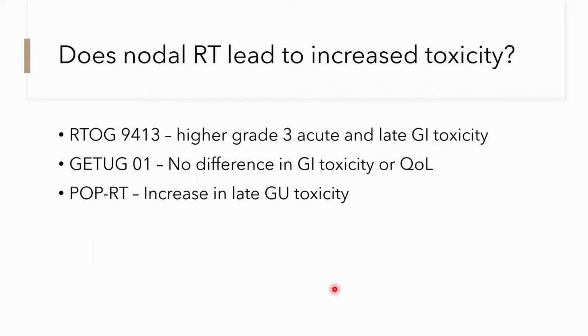Now, if you're asking about the benefits of nodal radiotherapy, you also have to ask about the toxicity of nodal radiotherapy. Now, the RTOG 9413 showed that when we treat the nodes, we generally go up alongside the rectum for a longer distance. And therefore, it is expected that the GI side effects of nodal radiotherapy are theoretically supposed to be high. Now, this was correct in the RTOG 9413 study, where a higher grade 3 acute and late GI toxicity was slightly higher.